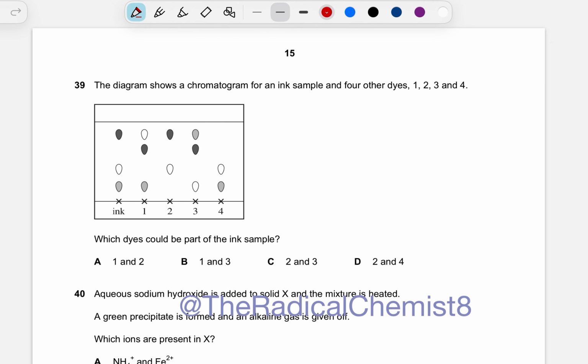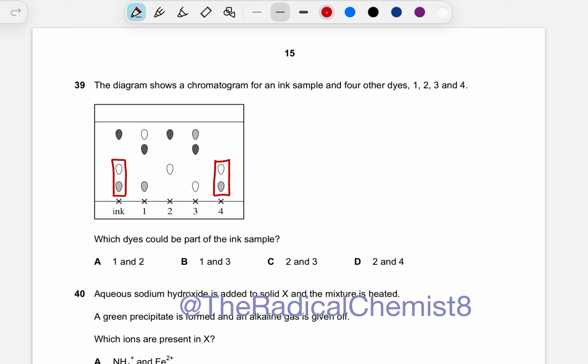Next, the diagram shows a chromatogram for an ink sample and 4 other dyes. Which dyes could be part of the ink sample? So here, remember, the different spots actually tell you something about the solubility of each ink. So first of all, we've got these 2 spots also appear in 4. So ink contains definitely dye number 4.